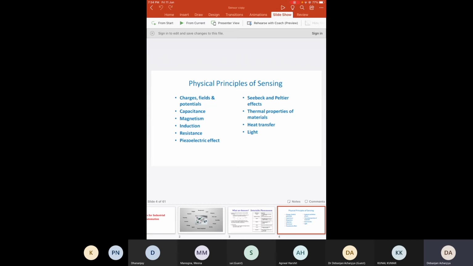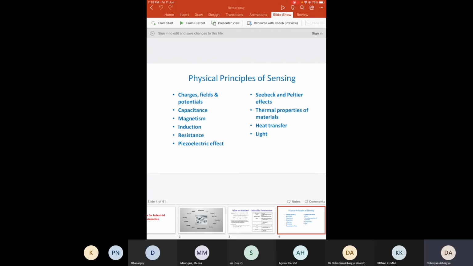These are the principles you have to understand before going to any kind of measurement. The sensor is governed by these physical principles, which lets you measure different parameters like level, temperature, distance, and many more.